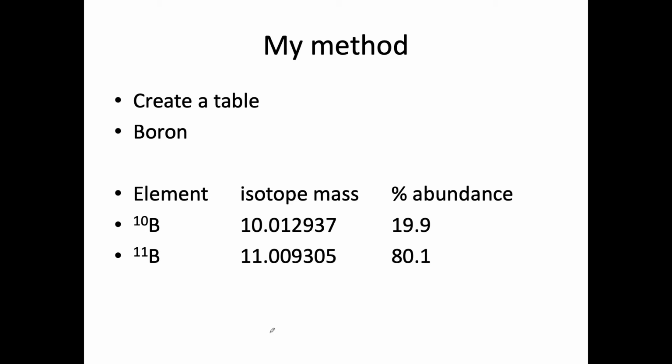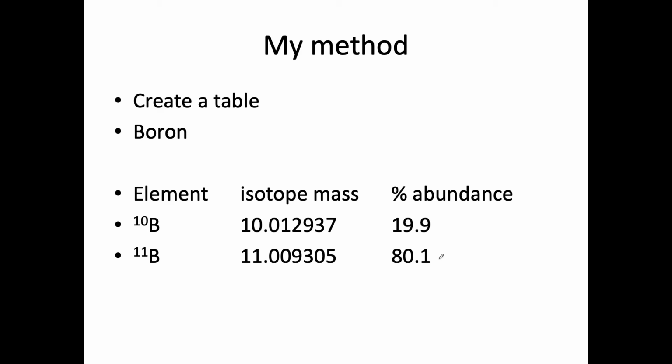And what I want you to do is create a table. And this is boron. Boron has 2 isotopes, boron 10 and boron 11. If you look at boron 10, it's 10.012937. That's the actual mass of that isotope, and it has a percent abundance of 19.9. Then boron 11 has a mass of 11.009305. That's a long one.